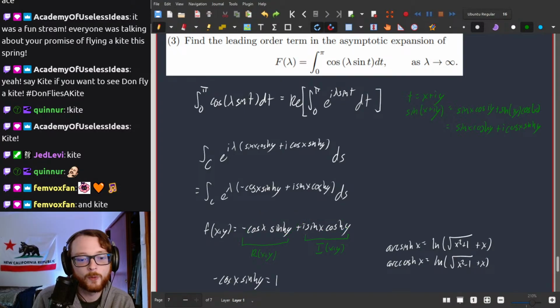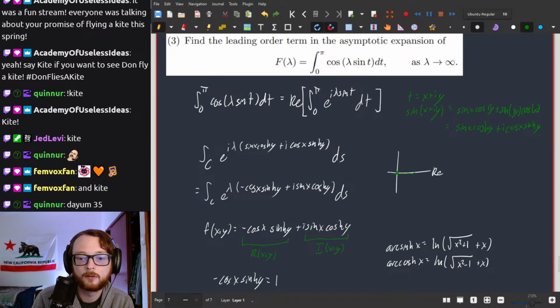The goal is going to be to deform the contour, which is originally just on the real number line. This is our original contour. We're going to deform it into something that travels along the level curves with a constant. Well, I think actually with a constant I. I'll have to look at that part.